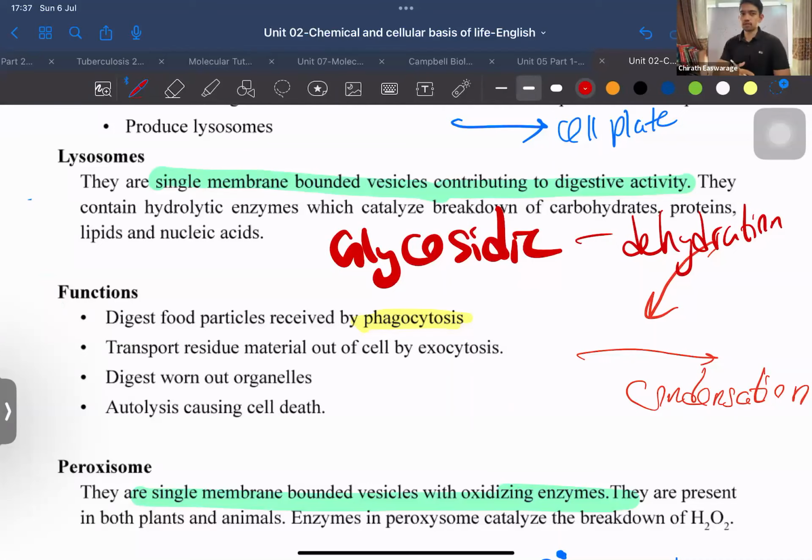Hydrolysis is done by hydrolytic enzymes, right? This applies to proteins also. To make a peptide bond, you do a dehydration reaction, right? So when you want to break a peptide bond, you add water. Get it? Okay.